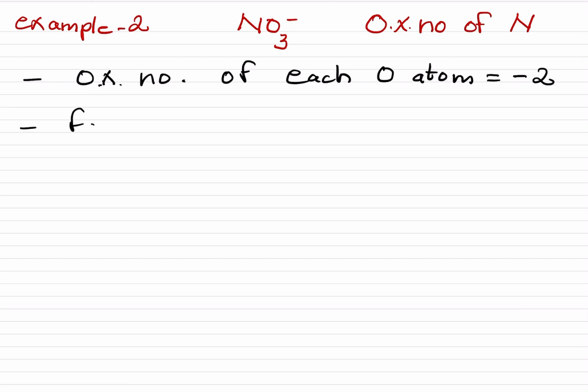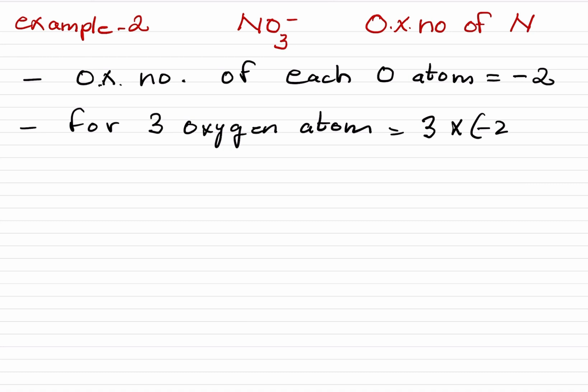So for 3 oxygen atoms, we can write 3 times -2 equals -6.